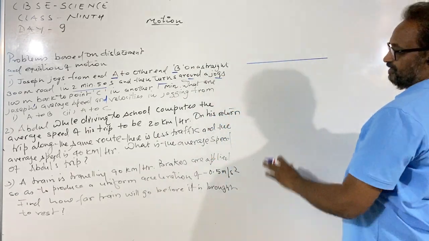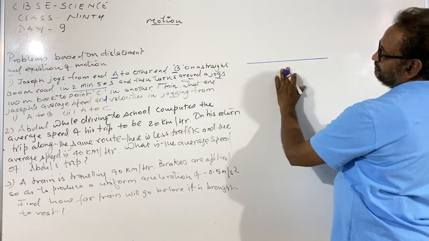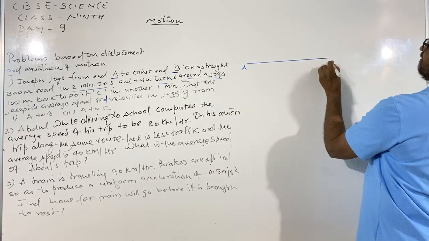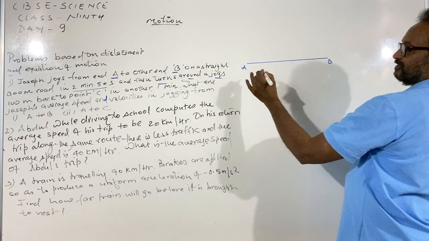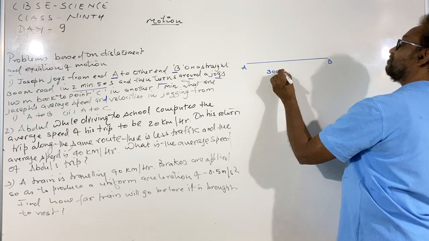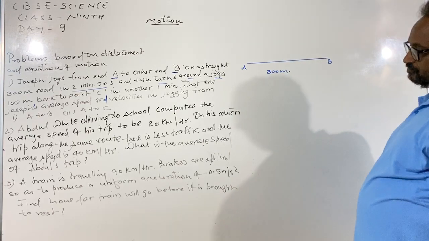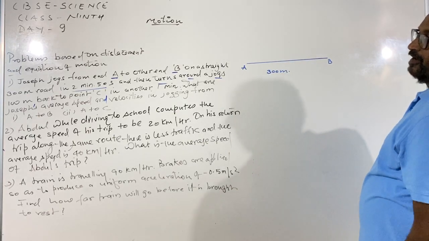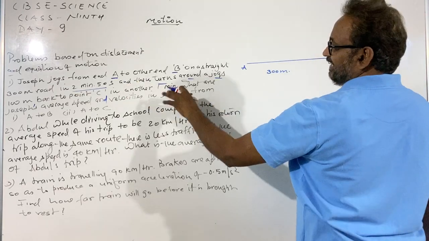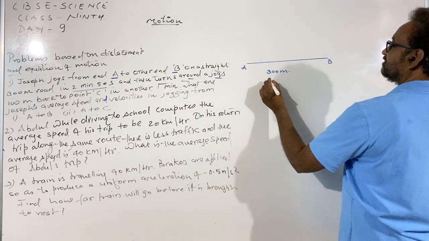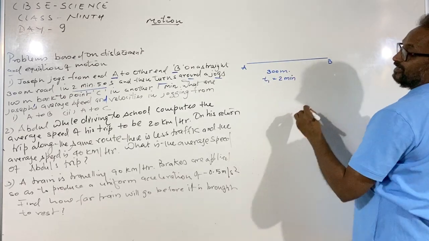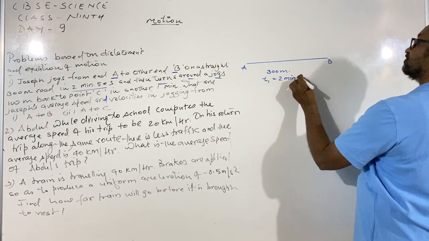Consider this is the straight road. This is end A and this is the end B. Length of the road is 300 meters. Now, time for this distance is 2 minutes and 50 seconds.